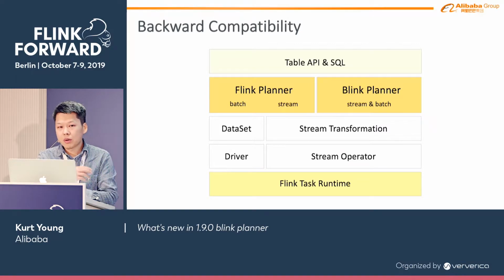We introduced a pluggable planner architecture, and we can keep all the old logic in the Flink planner. And we can try everything new in another planner, which we call the Blink planner. So this is some history of the Blink planner, why we introduced it, and what it looks like in the architecture.